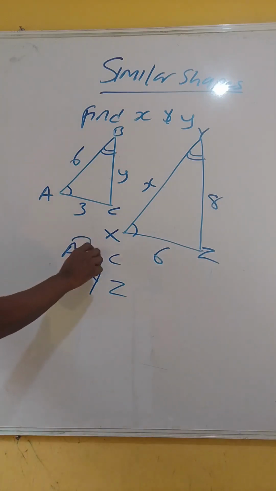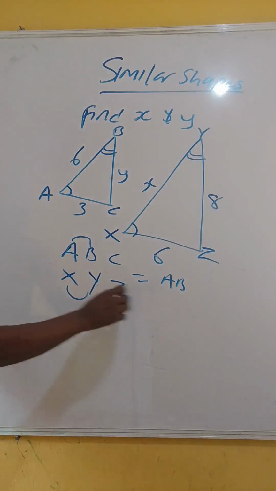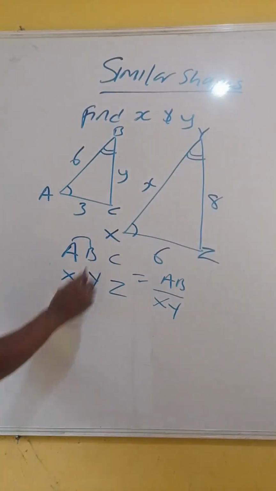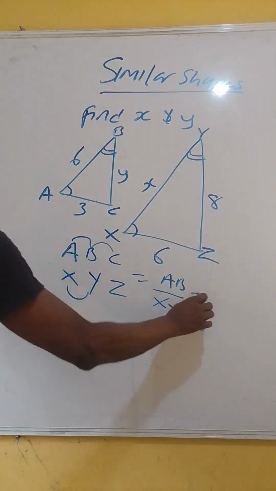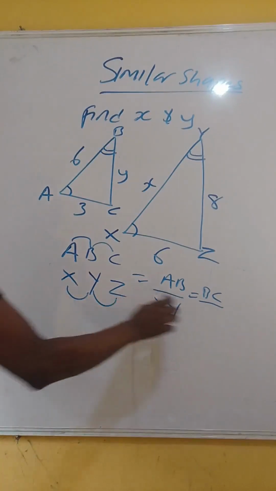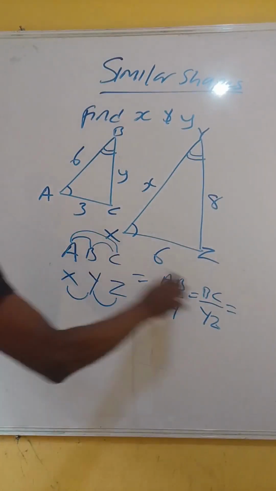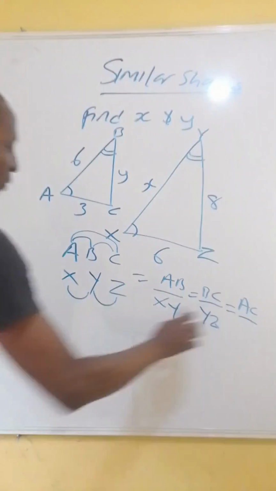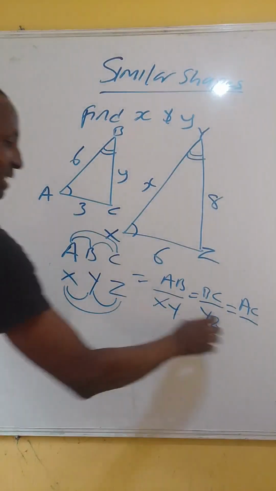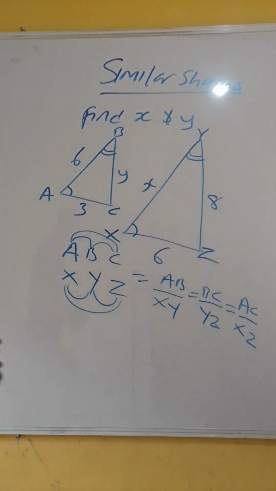So AB over XY should be equal to BC over YZ, which should be equal to AC over XZ.